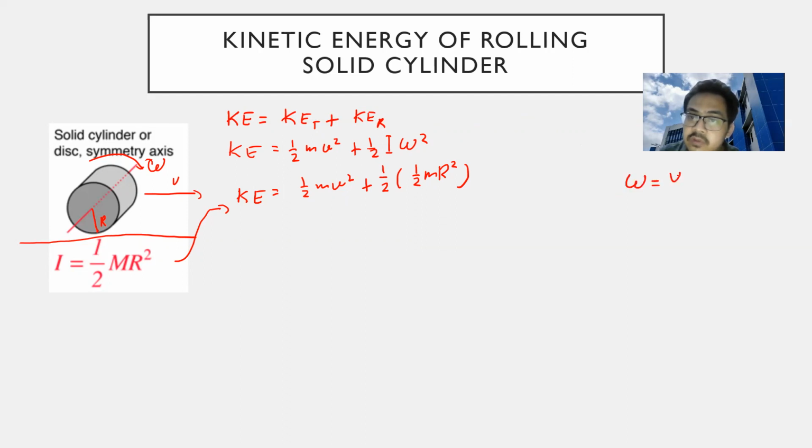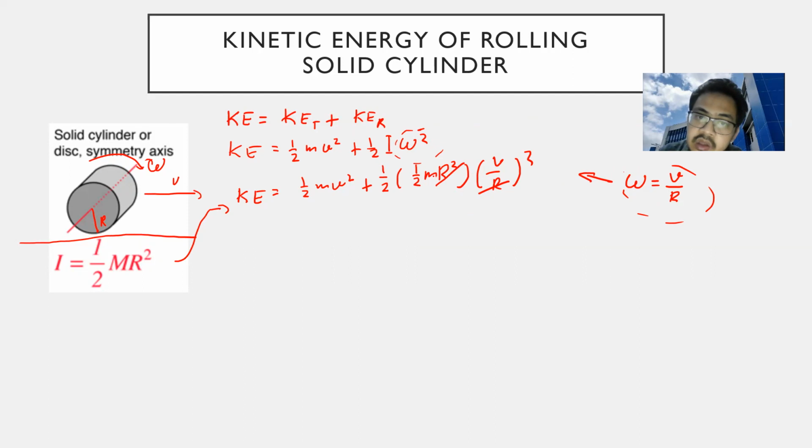Omega equals v per r. And if we substitute this term into this term, we will have v per r squared. And now, because this is r squared, and if we square this term, it will be equal to v squared per r squared. We can divide this term directly.